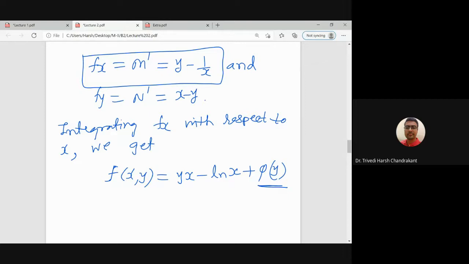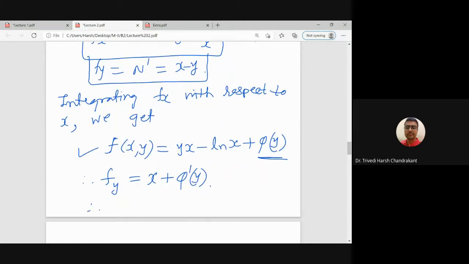So we need to evaluate phi, and therefore we will use the second equation. For that, we will first differentiate this f function with respect to y. So we'll get fy equals x plus phi dash y, because the derivative of log x with respect to y is 0.